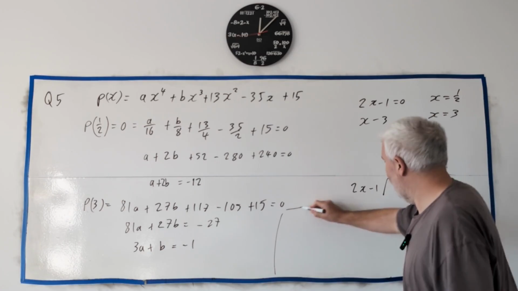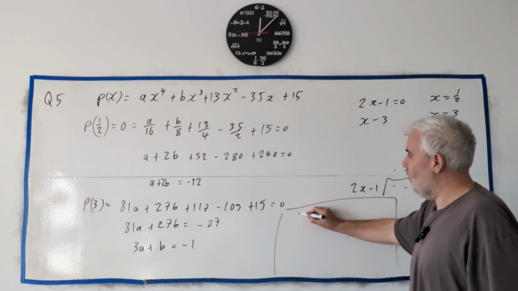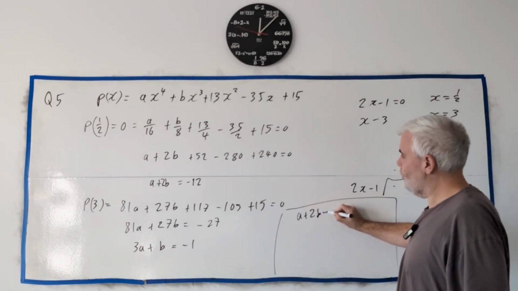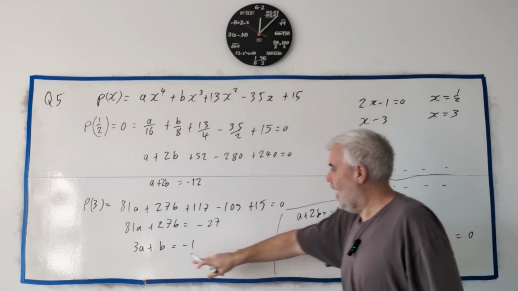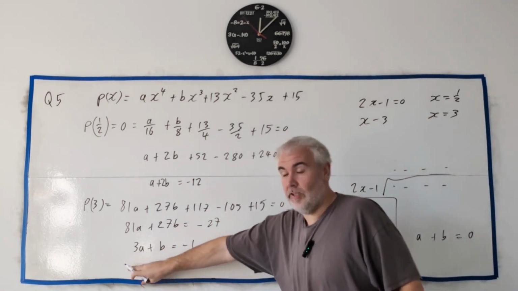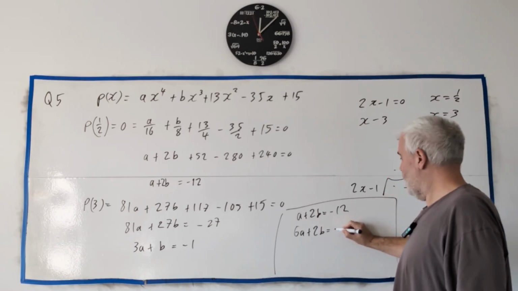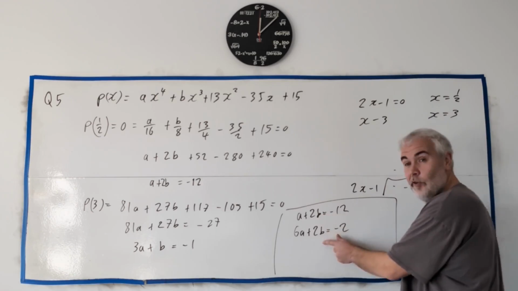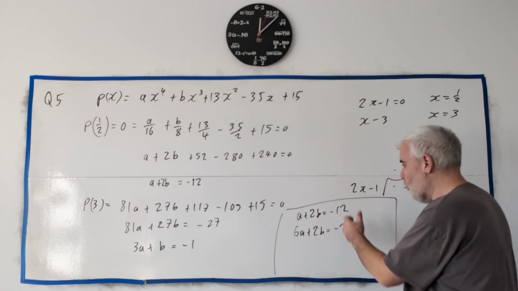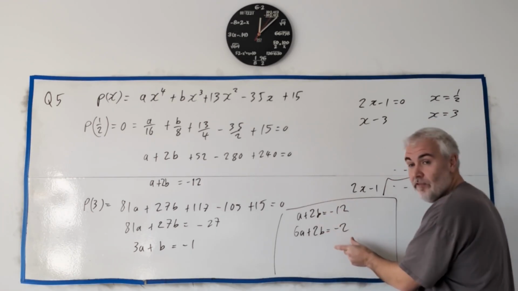I'll squeeze it in over here without rubbing anything off. A plus 2B is equal to minus 12. This one, let's write double this one. We'll write 6A plus 2B equals minus 2. That was just to line up these two B's. We can take one from the other. Let's take the top one away from the bottom.